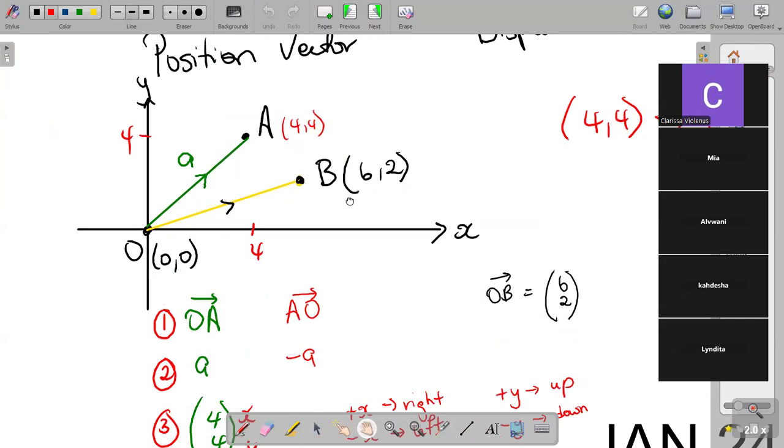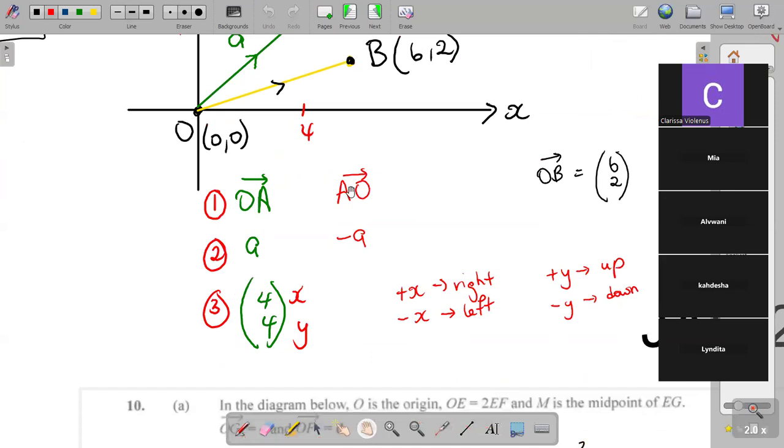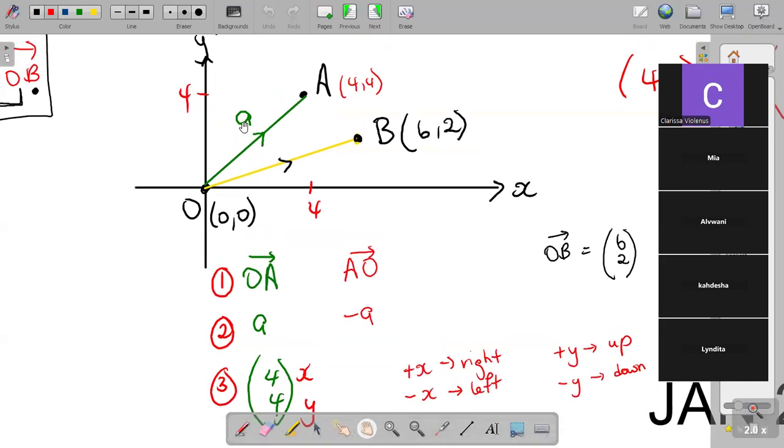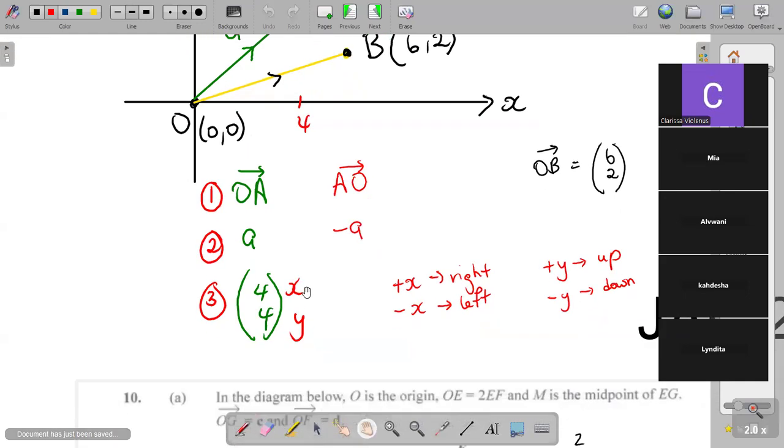Just to make sure we make note of the other two ways you represent a vector: you could represent it using your capital letters like this. You could represent it using a common letter, so you see here we have small a. And you could represent it as a column matrix where X represents the left or right movement, Y represents the up and down movement.